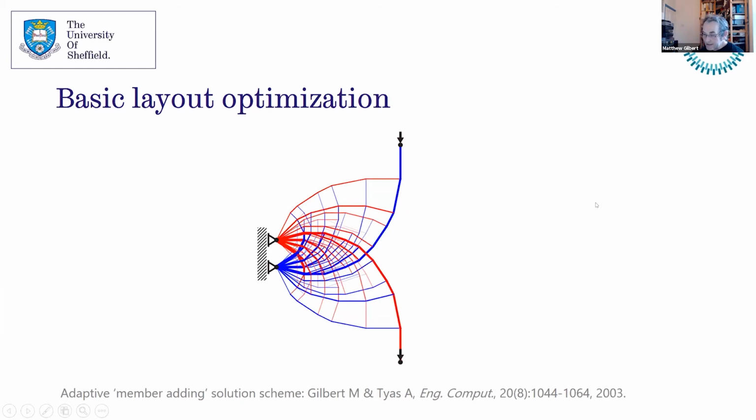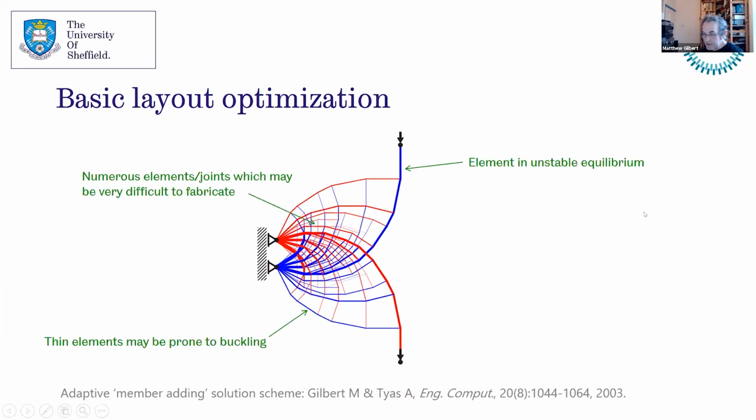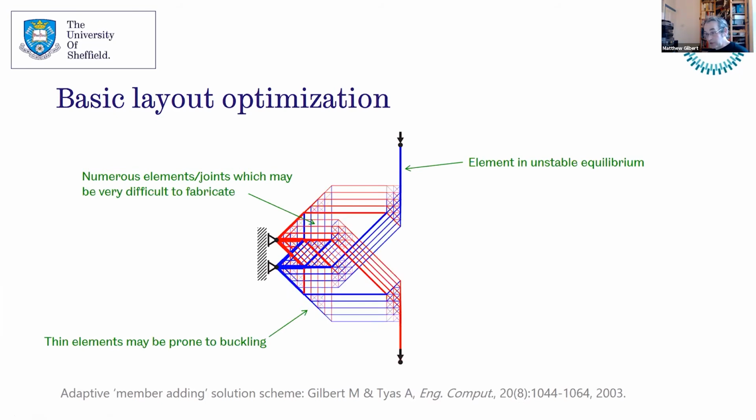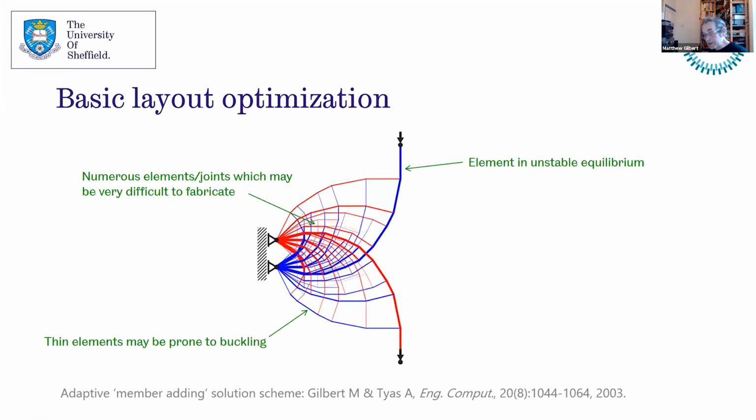However, the structure itself leaves a little bit to be desired. This is a truss, it's a pin jointed truss, so you can see that the uppermost member in compression is actually in unstable equilibrium. If you were to knock it with a feather, it would fall over.